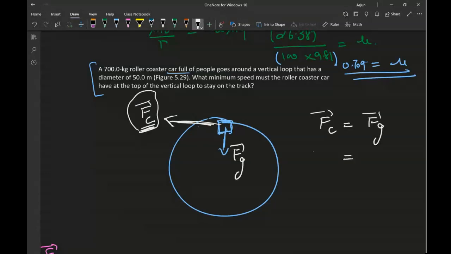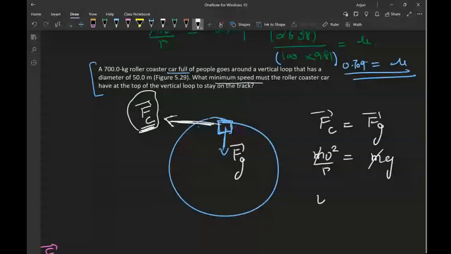So FC again is mv square upon r, and FG is mg. I can cancel out the masses, and the minimum speed with which it should move, v value will be square root of r times g, and we are given that it has a radius of 50, multiplied by 9.81.